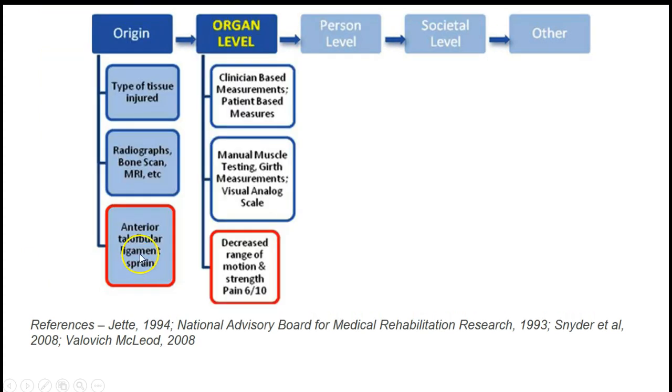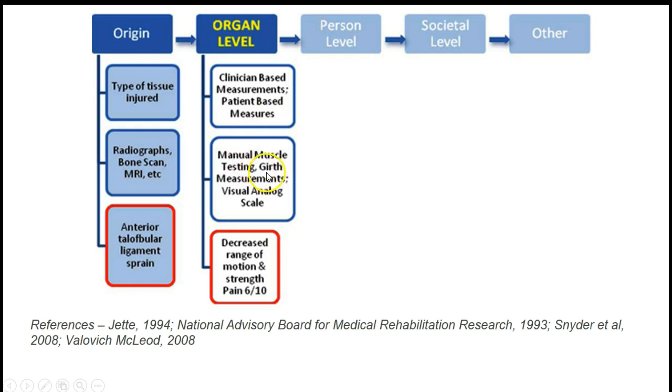At the organ level, once we've determined what the disability is, the next step is truly to kind of figure out what limitations that patient has as a result, right, of the disability. And so at the organ level, we're going to use clinician-based measurements, but we're also going to use some patient-based measurements, not patient-rated outcome measures, but patient-based measures, and we'll talk about what those are. So our clinician-based measurements are going to be manual muscle testing, so strength testing.